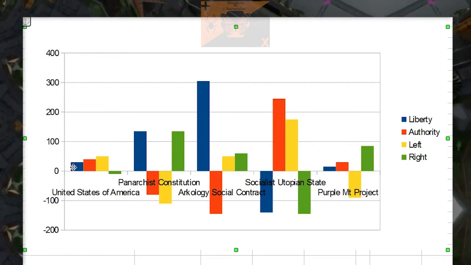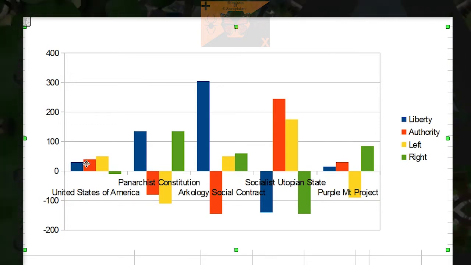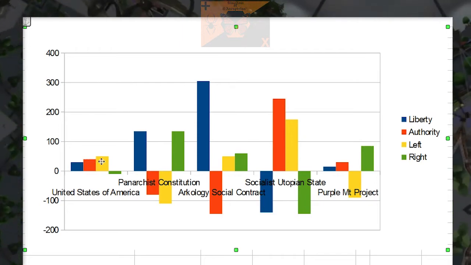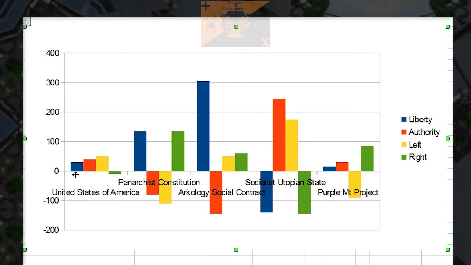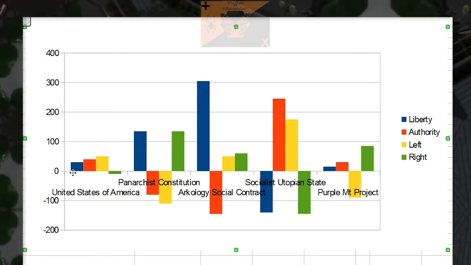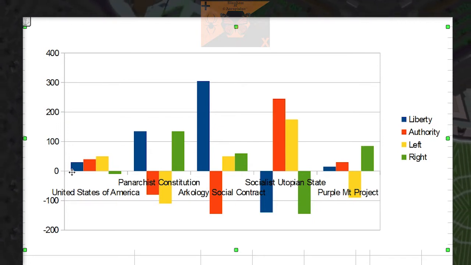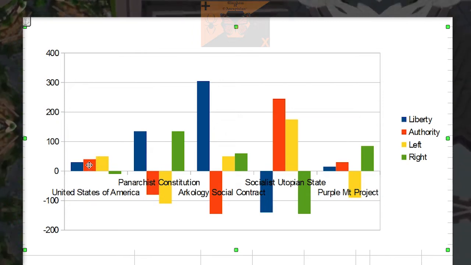And I would think the United States of America has more authority. It's kind of light on the authority, and it's very interesting that it's also more left-wing than right-wing. People consider the United States of America such a left-wing country, or right, like United States is far right, but according to this chart, this is not the case.